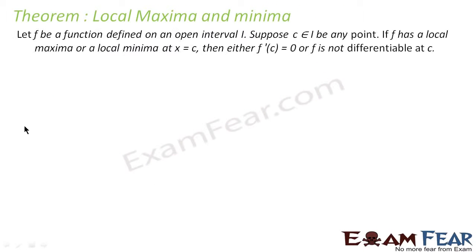So there's a theorem for local maxima and minima. It says that if f is a function defined in an open interval, please note it's an open interval, and c is a point, then f has a local maxima or minima at x equal to c if f dash c is 0 or f is not differentiable at c.